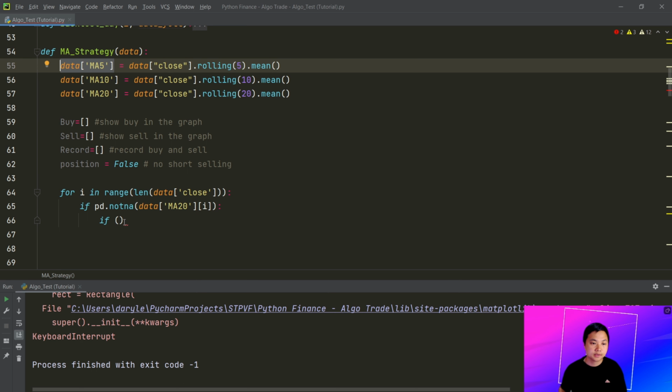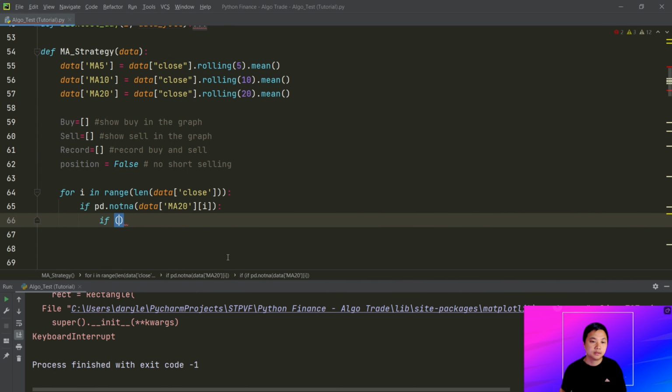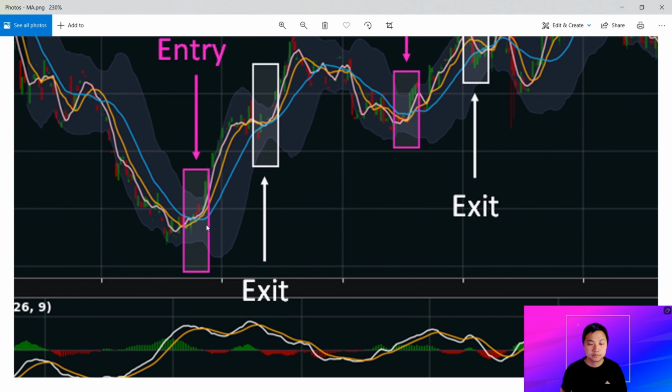So if the 5 minutes moving average data is over the moving average 10 minutes data, and at the same time this moving average is also above the moving average 20, something like this, that is the pink line that is above the two moving averages.